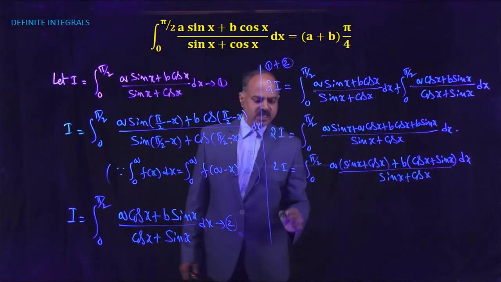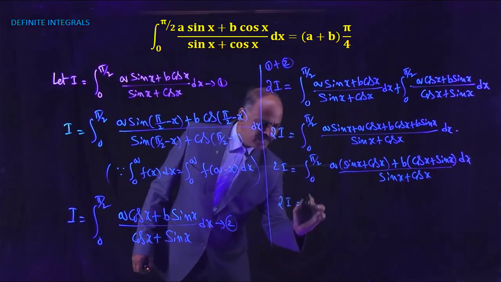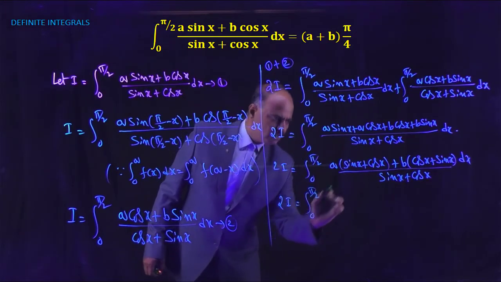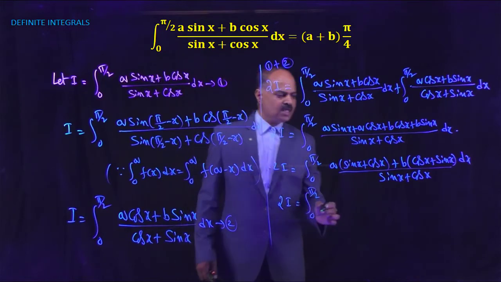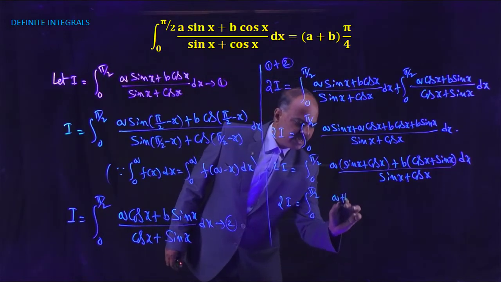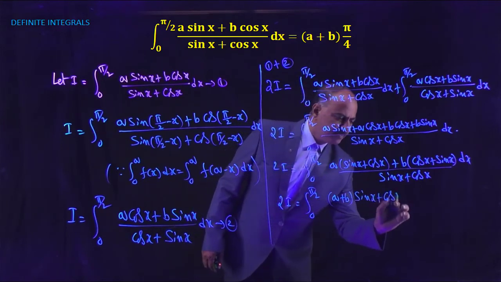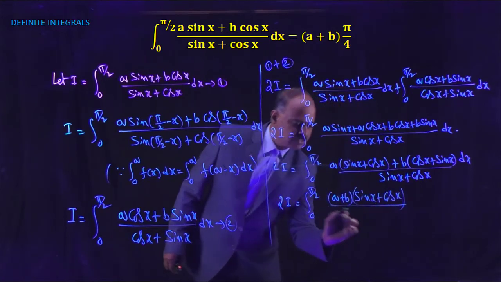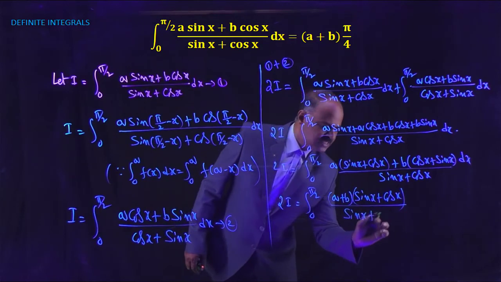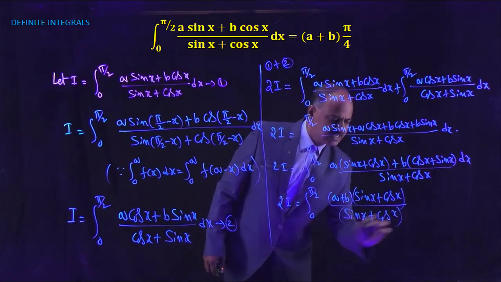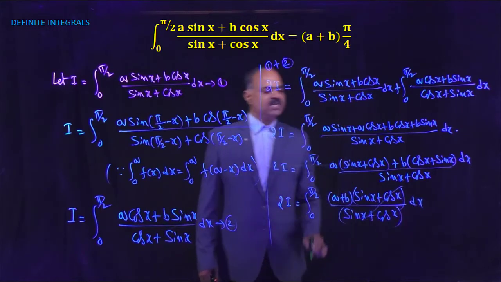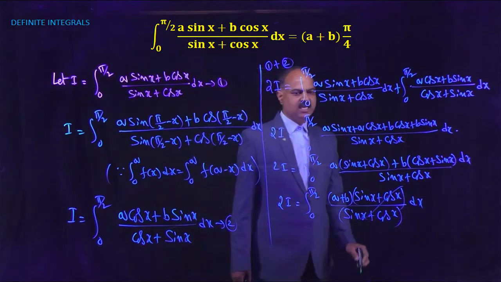Here sin x plus cos x is common in the numerator, so we get (a plus b) into (sin x plus cos x) by (sin x plus cos x) dx. Here sin x plus cos x and sin x plus cos x get cancelled.